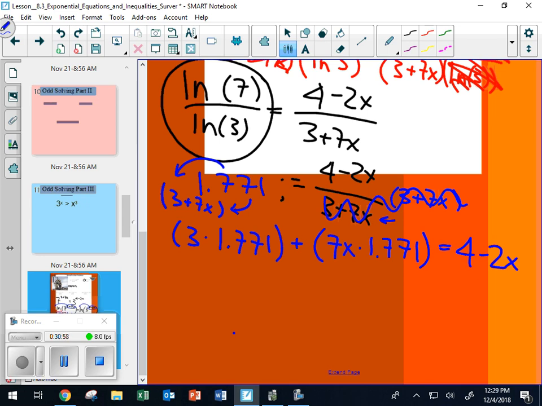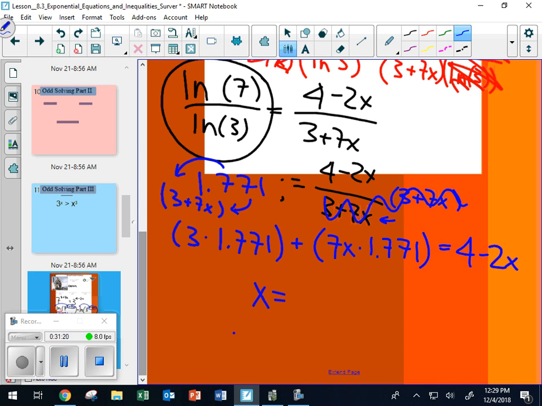So all I did here was I took my 1.771 and I distributed it to each of my terms. If you look at this, from here, it's basically just manipulate algebraically in order to get to our x value. So could I have somebody volunteer and give me what they got for their x value?